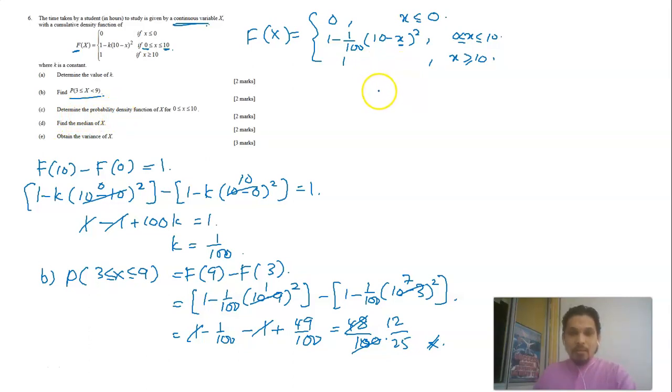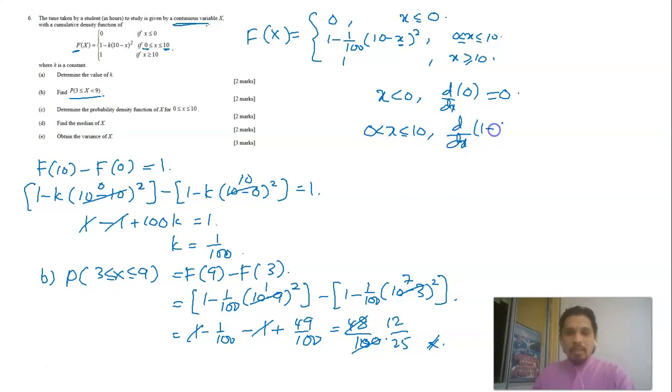Okay. For x less than 0, we differentiate 0 with respect to x, equal to 0. For x between 0 until 10, we differentiate the function 1 minus 1 over 100 times (10 minus x) squared.